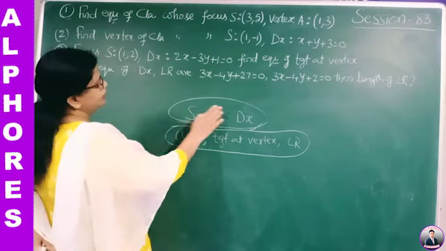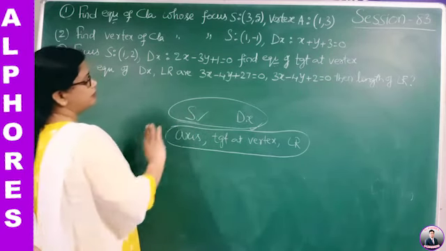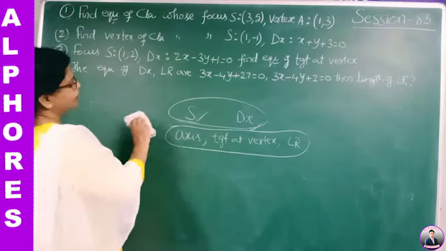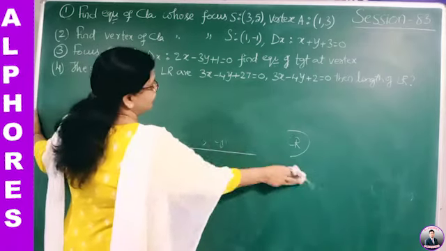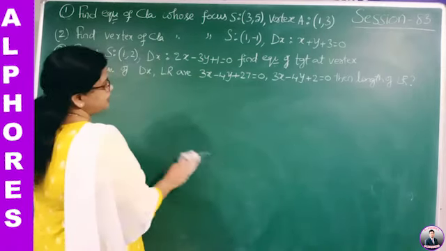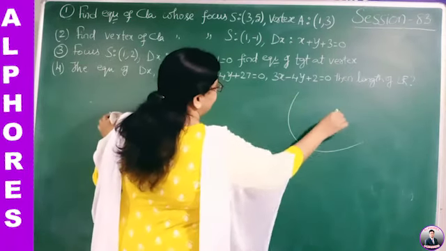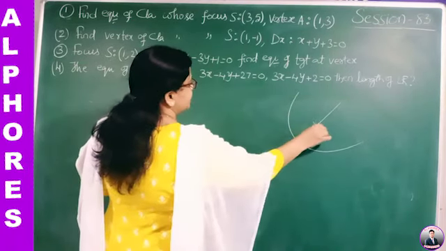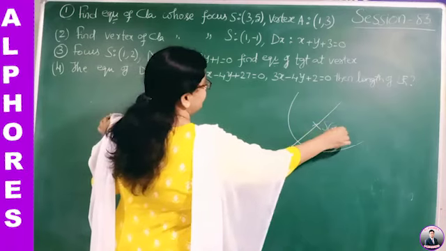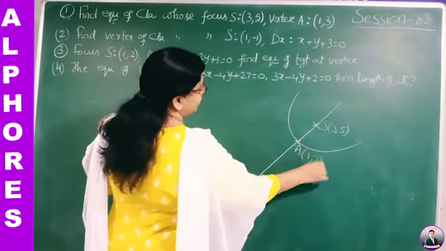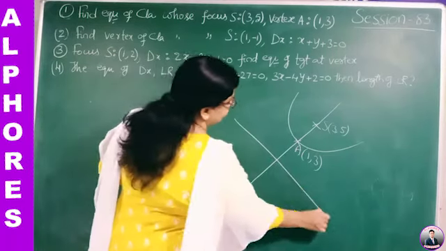So I am selecting this method by choosing focus and directrix because the focus is already given, right? And now how to find the directrix equation? Let us observe the standard form. That means if this is the parabola and the focus is given already as 3, 5 and the vertex is given as 1, 3, then this is our directrix, right?